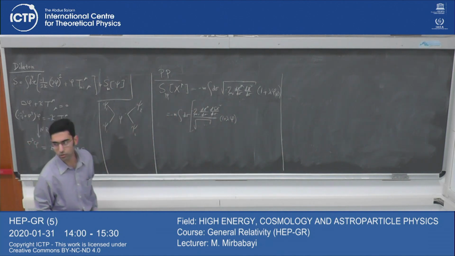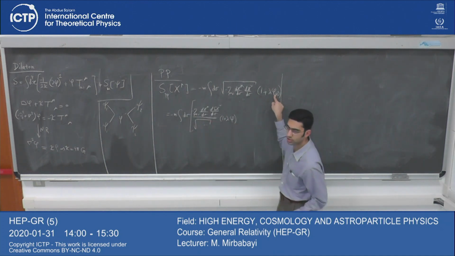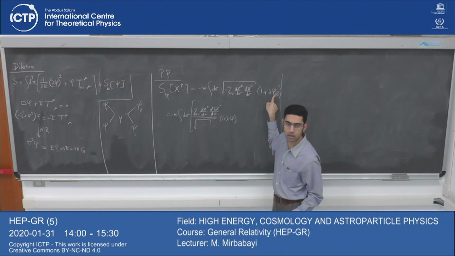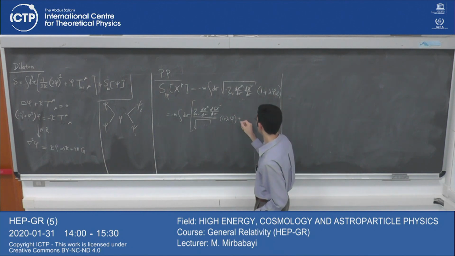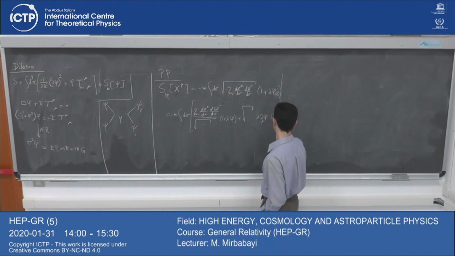So this is similar to what we had before, and then the second part comes from the variation of x in the argument of phi. So there will be plus the square root times lambda d mu of phi times delta x mu.